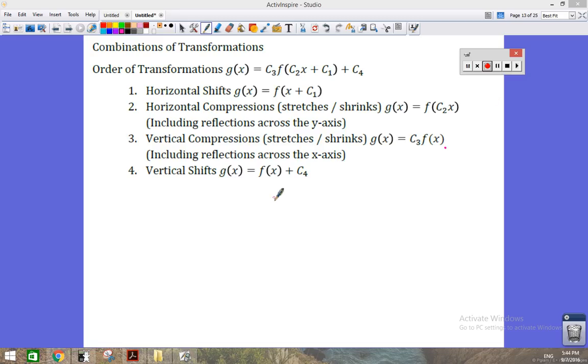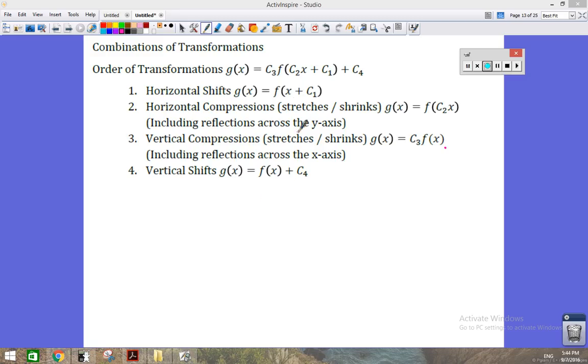Alright, so we're going to begin to look at combinations of transformations, and the order that we do these transformations is going to become important, especially as the number of transformations increases, like we noticed in that previous problem in number 10. So again, I'm going to refer to this.